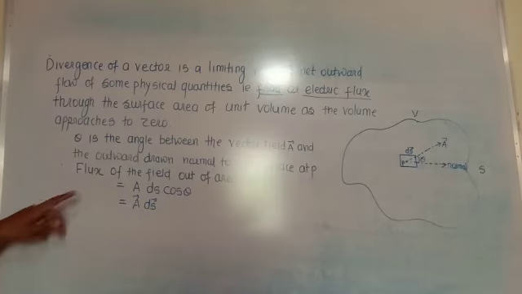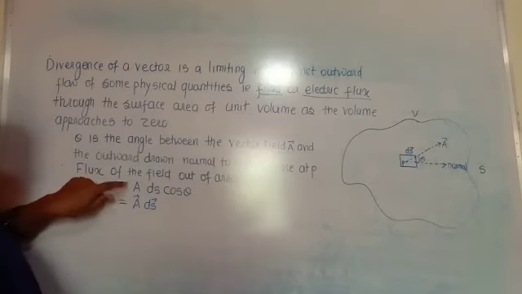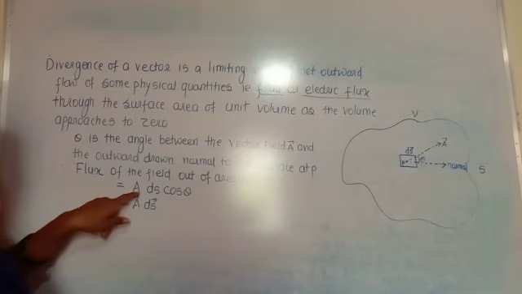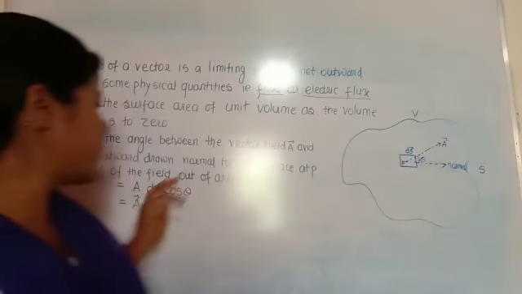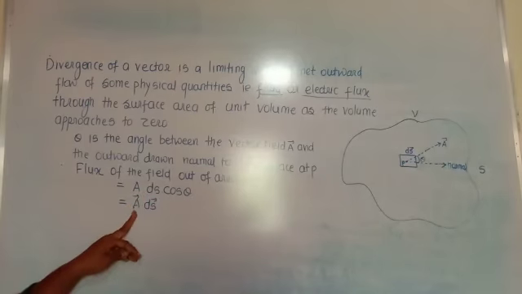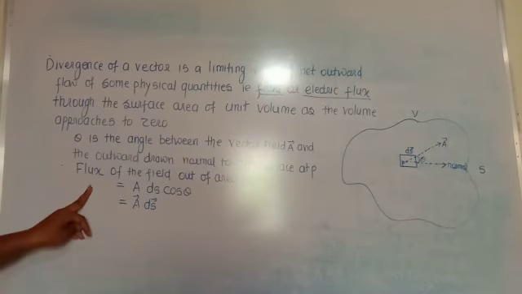The dot product of two vectors gives the magnitude of A, the magnitude of ds, and the cos of the angle between the two. This is the flux of the field out of the area ds.